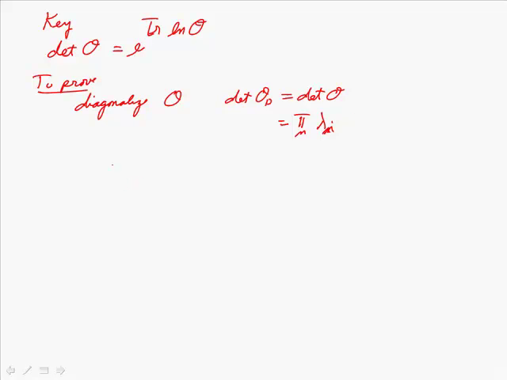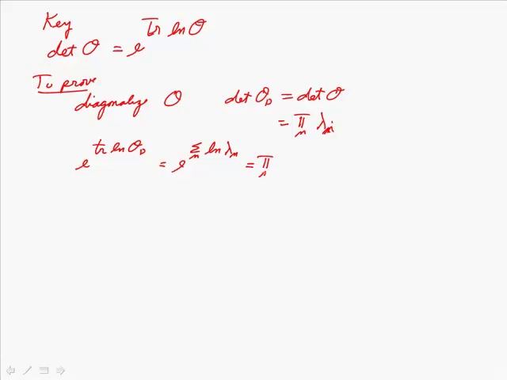Okay, then if I take e to the trace log O diagonal, that's e to the sum over the eigenvalues of log of the eigenvalues because of the properties of the exponential.